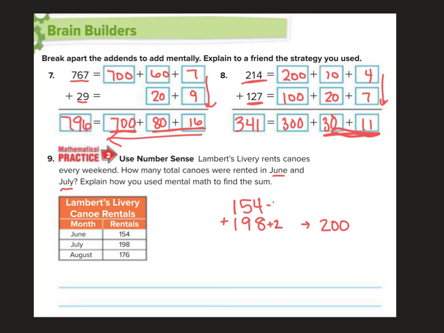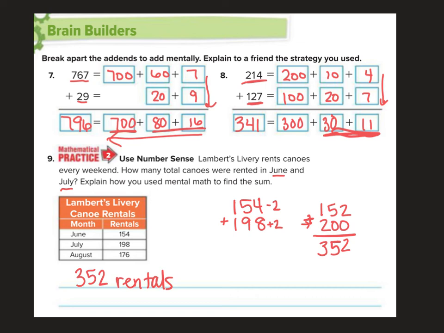And that means I need to subtract 2 from my other number to make 152. And I'm adding. 2 plus 0, 5 plus 0, 100 and 200 makes 300. So 352. And what's the question? How many rentals?